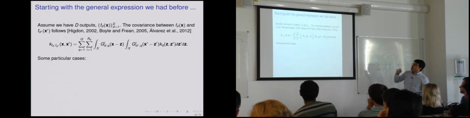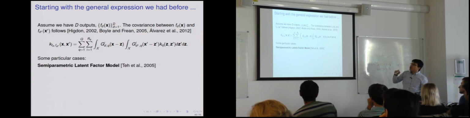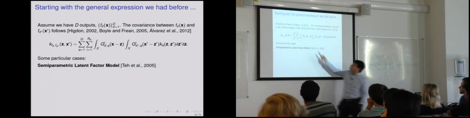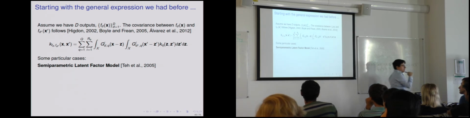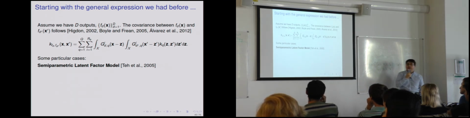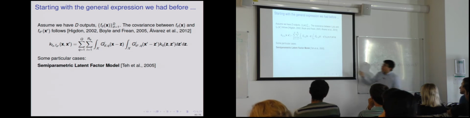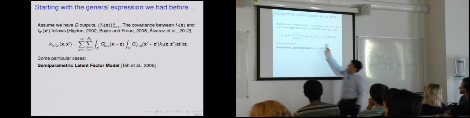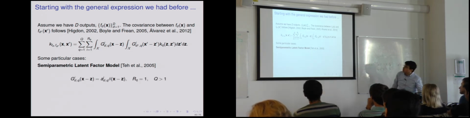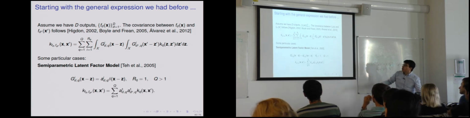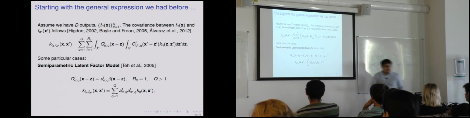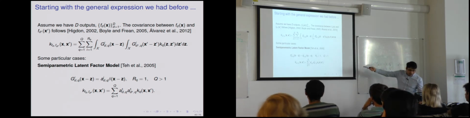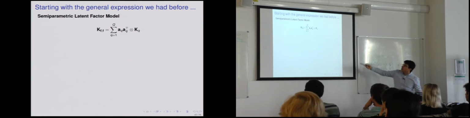Again, this is the general expression. How do we get the semi-parametric latent factor model? What would be the value of R sub Q? 1, yeah. And then again, we replace these smoothing kernels with Dirac deltas. We get this expression, which is the expression for the semi-parametric latent factor model. I can write this in matrix form, as you see here.